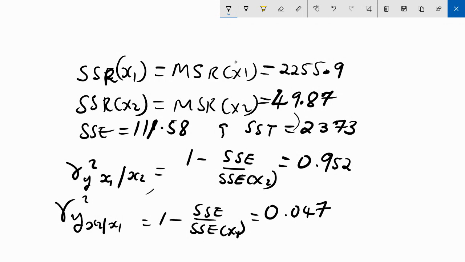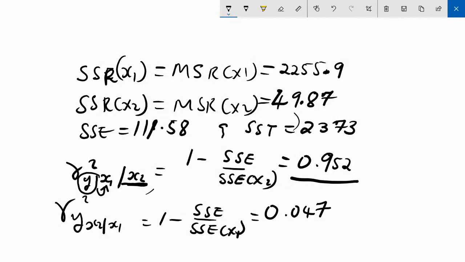So holding constant the effect of x2, 95.2% of the variation in y can be explained by x1, which is the size.